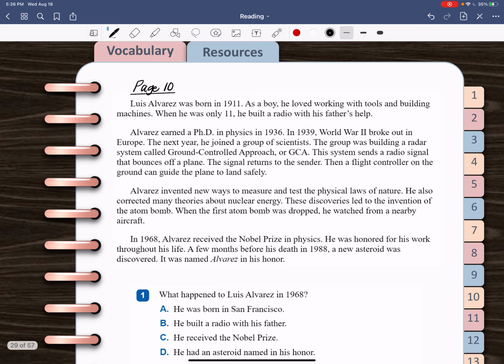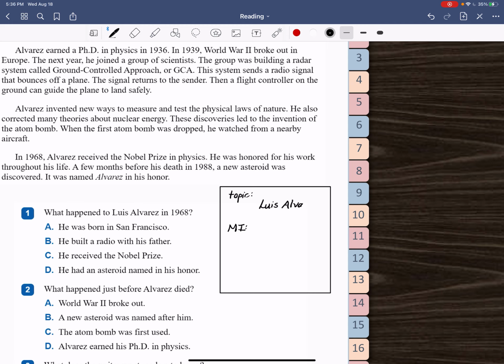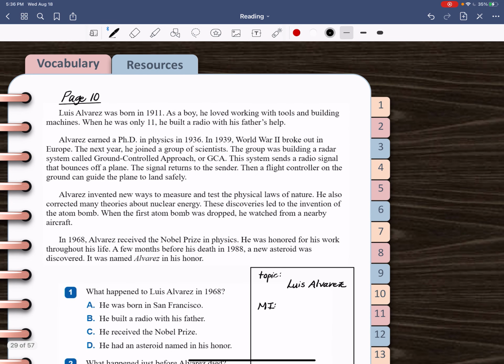So before I tackle the questions, I want to do a topic and a main idea for this whole passage. I'm going to say that the topic definitely involves Luis Alvarez. But what is it telling me about Luis Alvarez? We start off with his birth, we end up with his death.